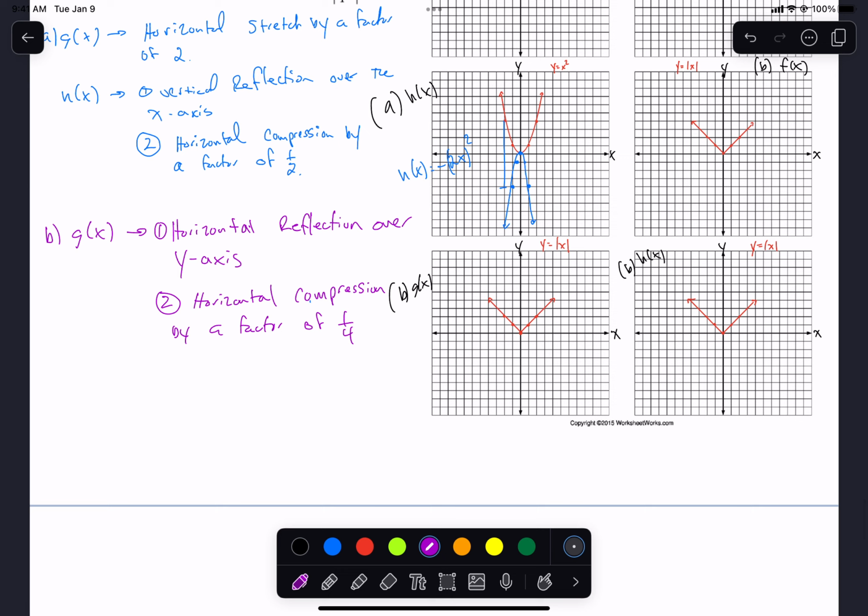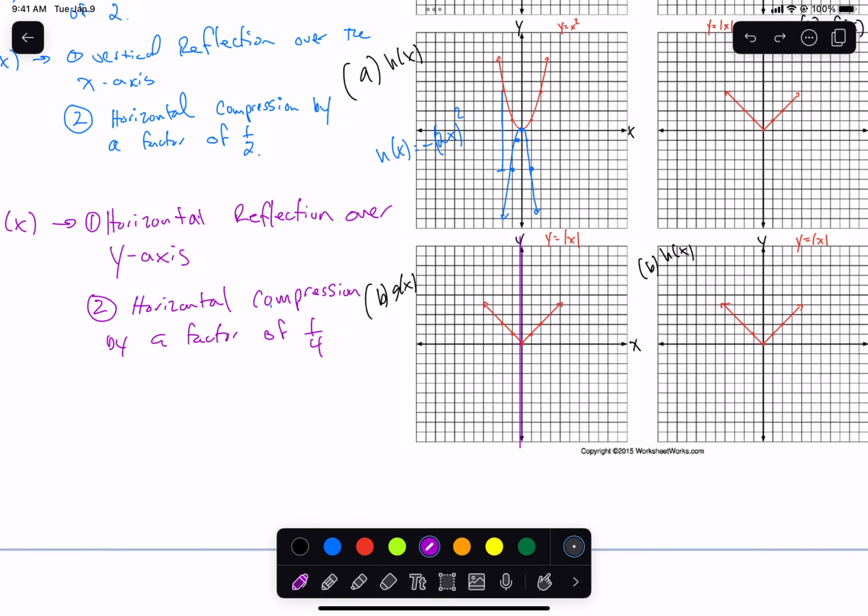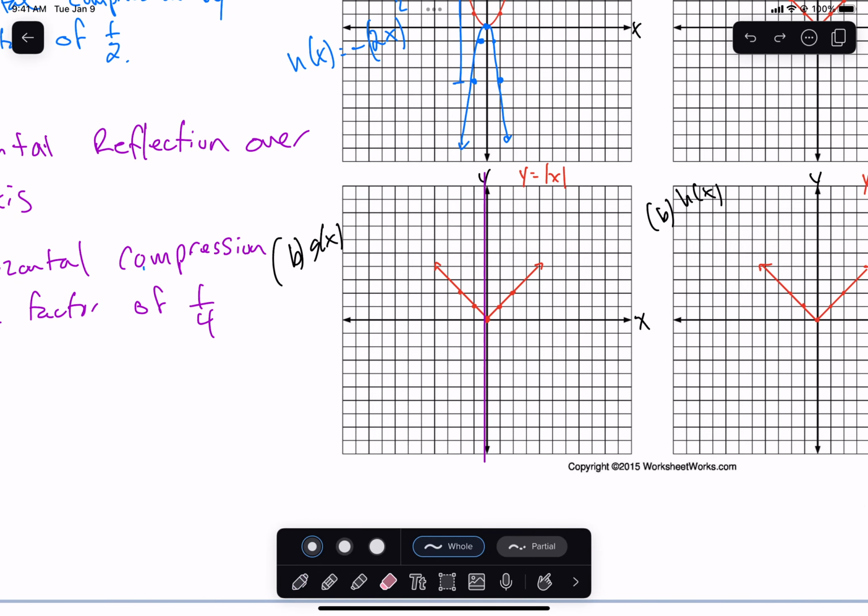What's interesting about a graph like the absolute value graph, or the quadratic for that matter, is that the graph is symmetrical about the y-axis. So when I reflect that graph, this point comes over here and this one comes over here, I get the same graph back. So a horizontal reflection for an absolute value graph doesn't actually change it.